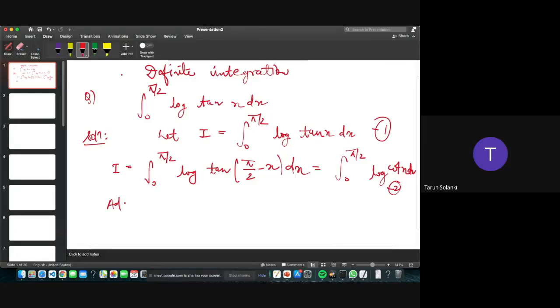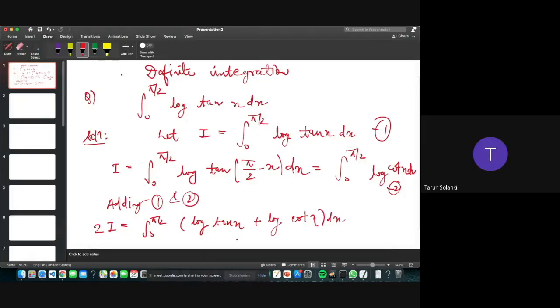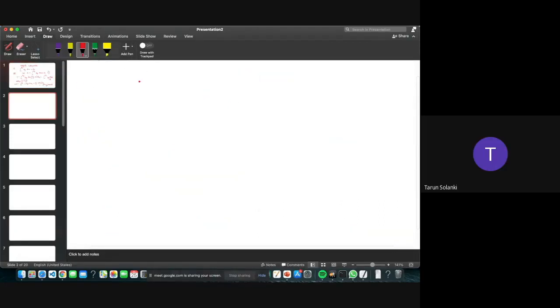Adding equations 1 and 2, it becomes 2I is equal to the integral from 0 to pi by 2 of (log tan x plus log cot x) dx.